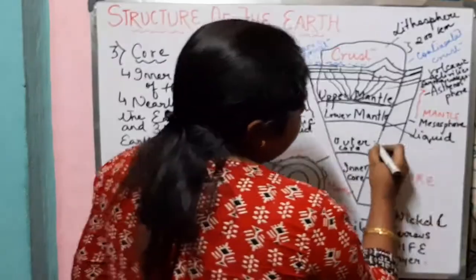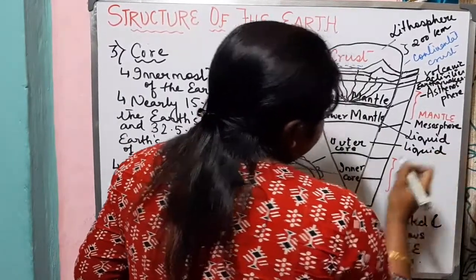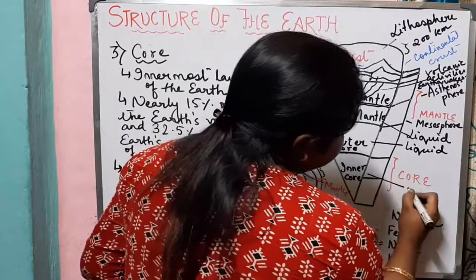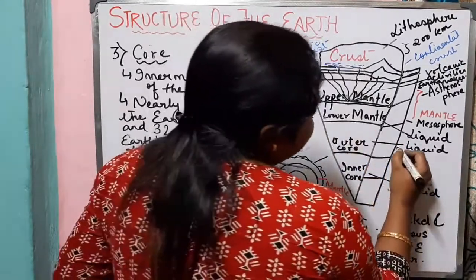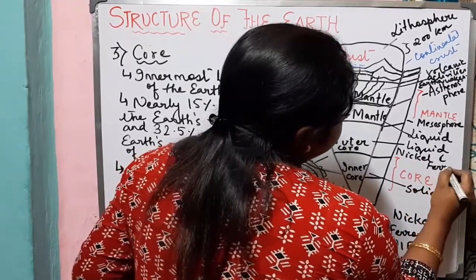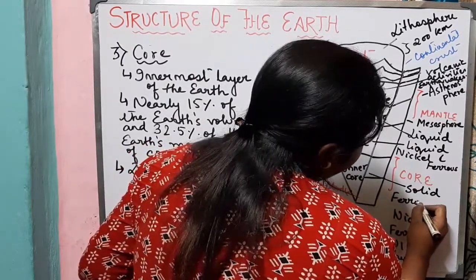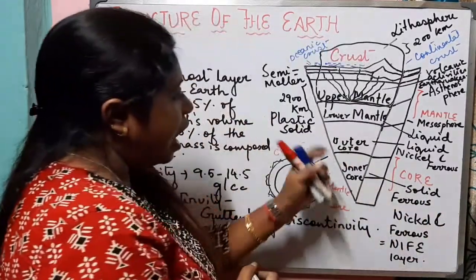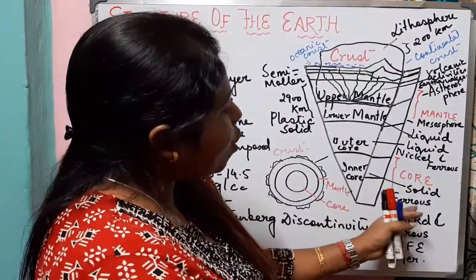The outer core is in liquid state and the inner core is in solid state. The outer core is mainly made up of nickel and ferrous, and the inner core is mainly made up of ferrous, that means iron.